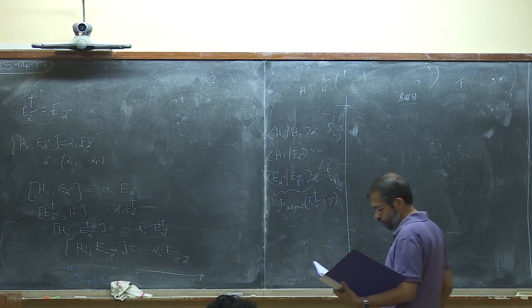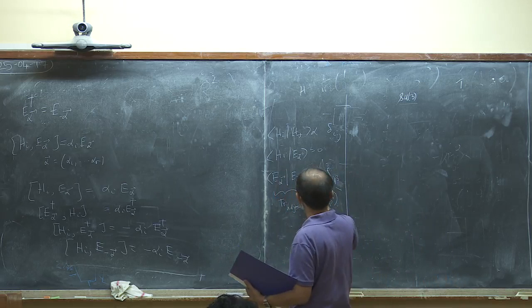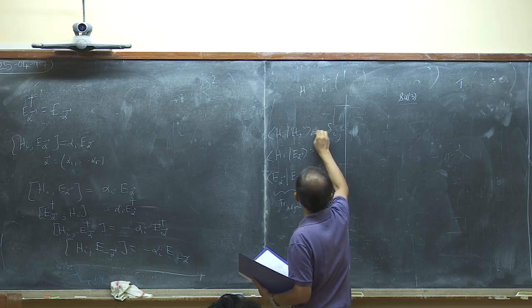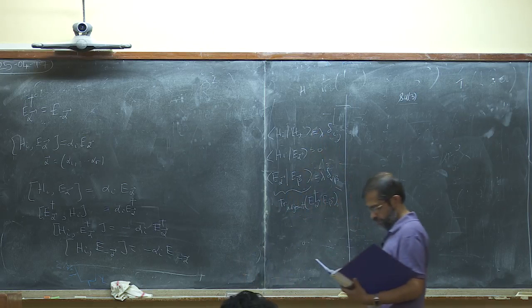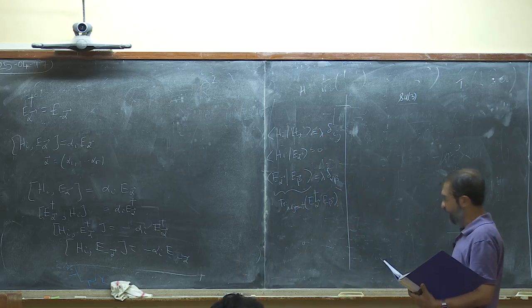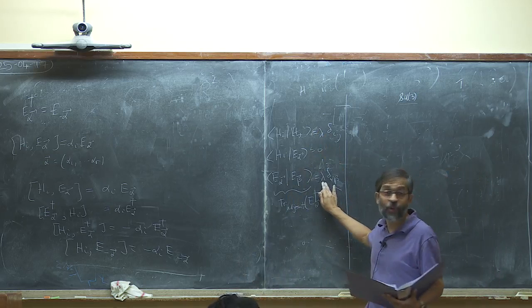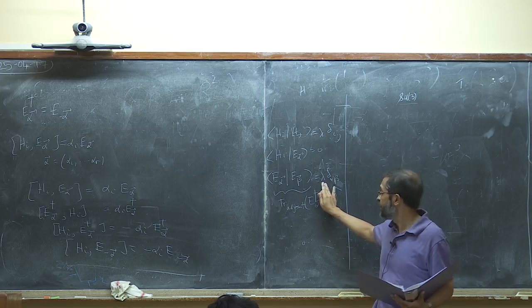And what you do is to say that these proportionality constants are all identical, lambda. You can take this to be 1 if you wish, by an appropriate rescaling.